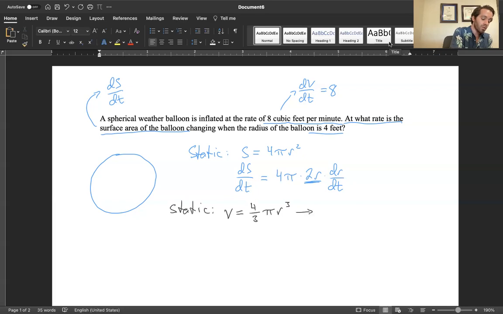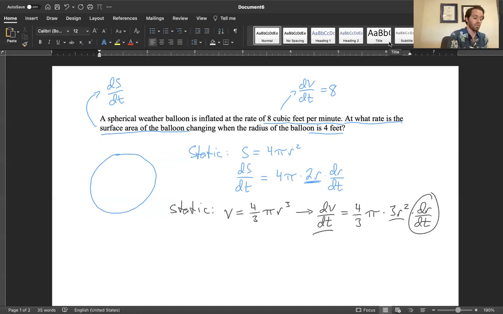If we take the derivative of that, that's going to be dV/dt equals 4/3 times pi times 3r squared times dr/dt. Here is the link between them, because see how we know everything here? We know dV/dt, we know r, and so we can use this to solve for dr/dt.